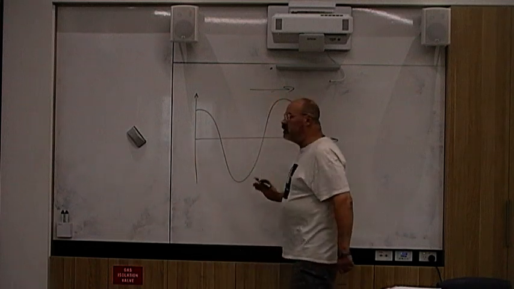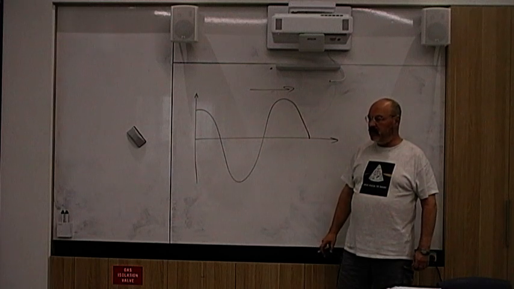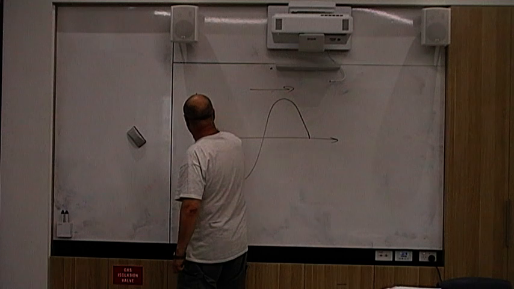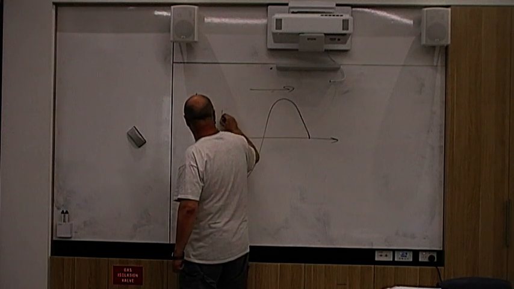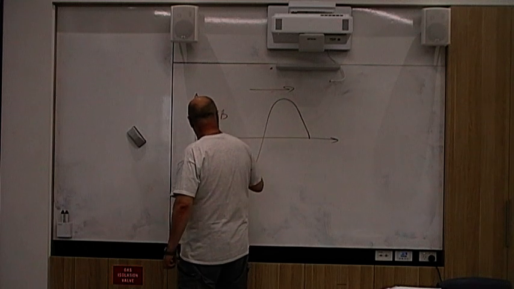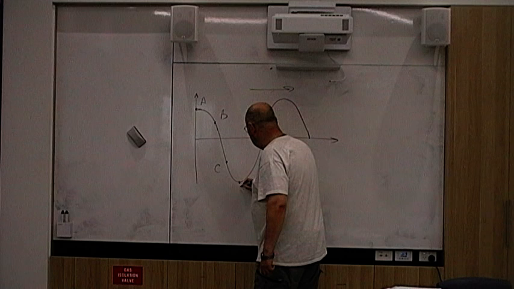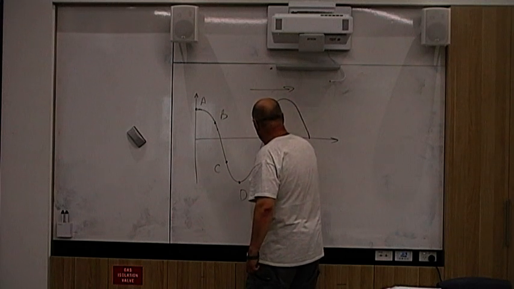At a certain instance of time, we take a photo of the wave. It looks like this. Let's consider a few points on this: point A, point B, point C, point D, point E, point F.